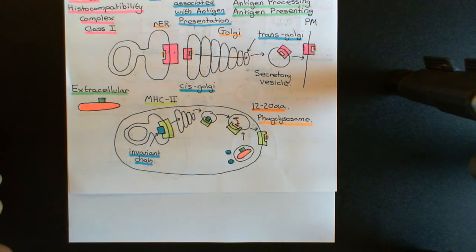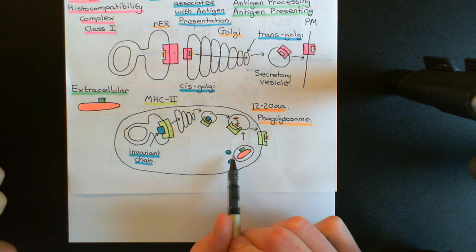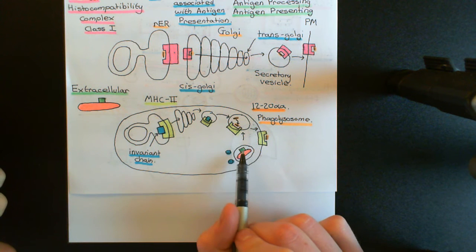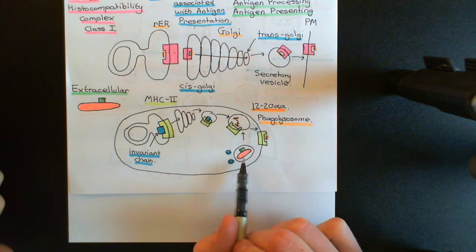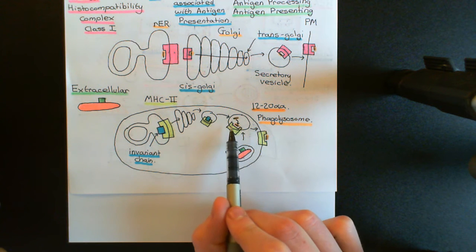Well, the antigen presenting cell will phagocytose one of these extracellular pathogens, and the lysosomes will fuse with the phagosome to break down the proteins of the pathogen into little fragments. So we've got a phagolysosome here.